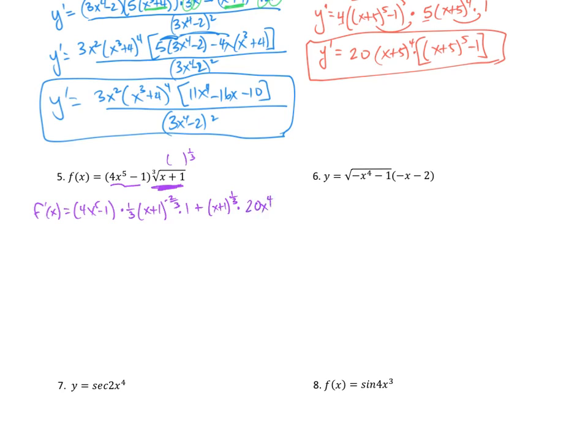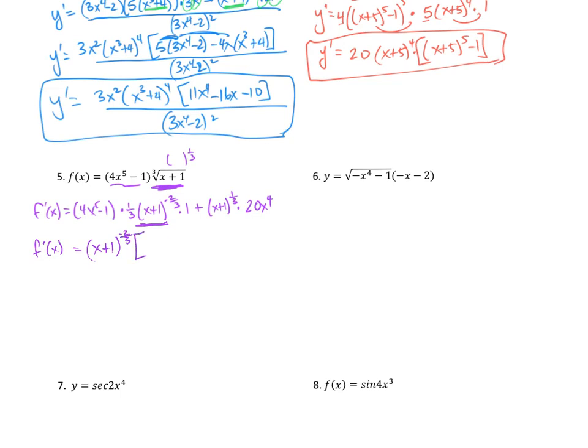All right, now technically we can just finish at this point, but I do want you to try to simplify it just so that you could see what happens here. The way to simplify this is we are going to take out this right here. So if I take that out, I'll have the x plus 1 to the negative 2/3.